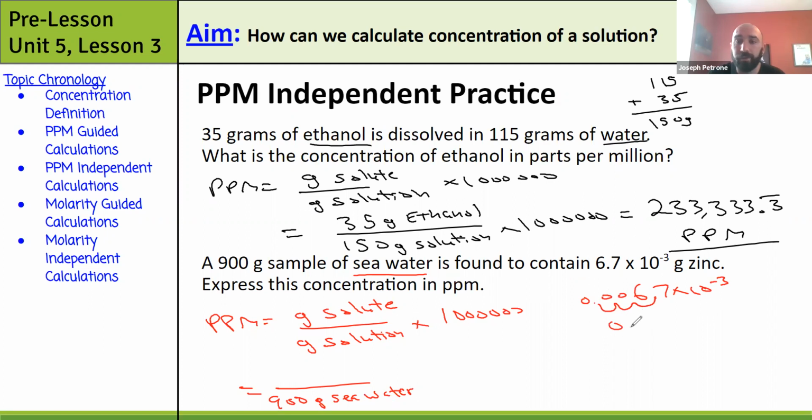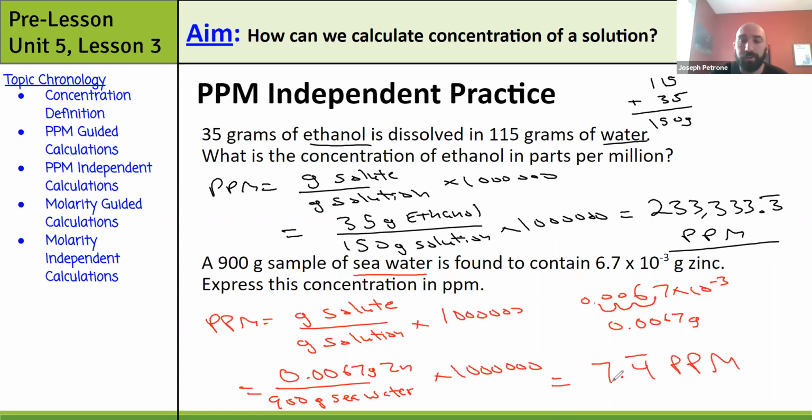So you should get 0.0067 grams as your solute. Times a million. And that will give you a concentration of 7.4 repeating parts per million.